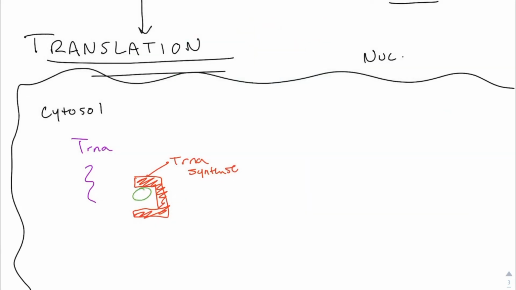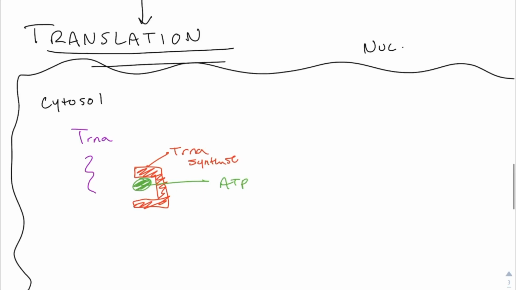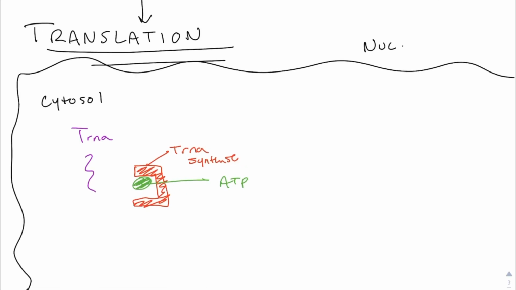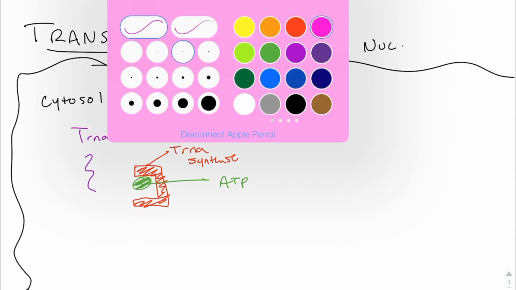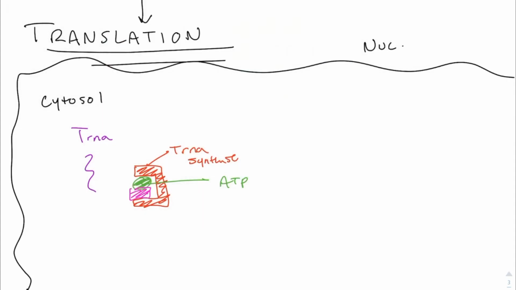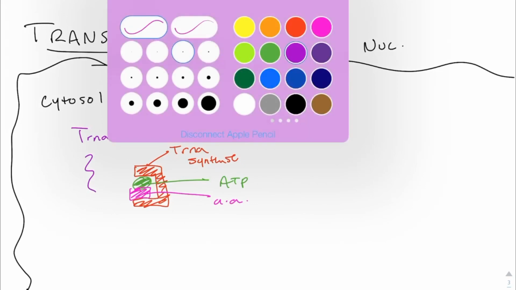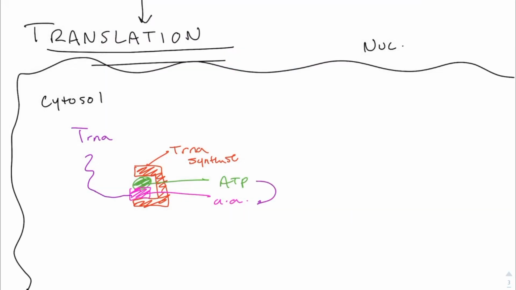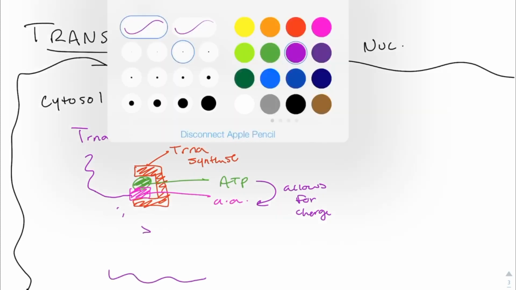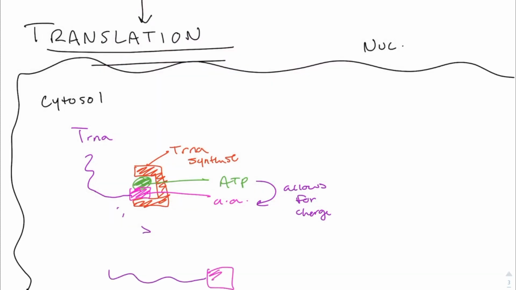Now, this isn't happening in the cytosol. The tRNA synthetase, this happens in the nucleus. However, the translation occurs in the cytosol. So I'm just showing you that tRNA, the reason why we had tRNA and tRNA synthetase gets charged by an ATP molecule, which connects to an amino acid. This charge is very, very important, because if it's not charged, you can't really bind the tRNA to our RNA to code our primary RNA transcript.